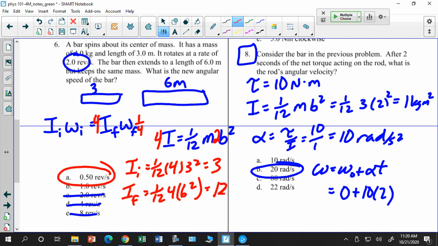So I'm going from 3 to 12. So I have 3 times 2, that was my initial speed, equals 12 times omega final. And then omega final is equal to 1/2.